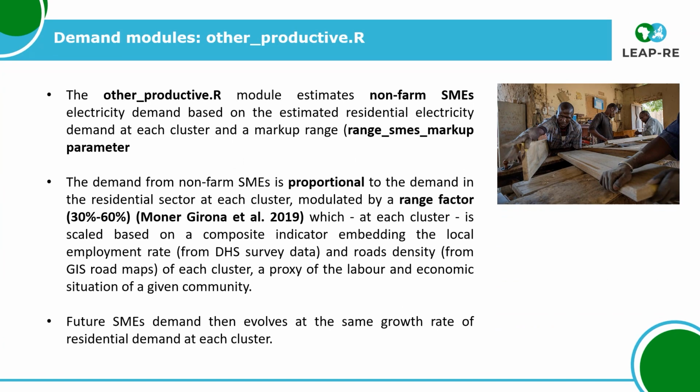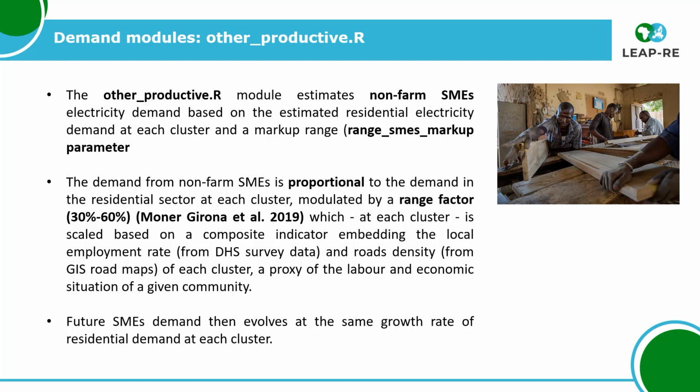The other productive sector module instead focuses on non-farm SMEs, so another type of productive demand which is not related to agriculture, and it's tightly linked to the residential electricity demand through a markup range. So we have this range SMEs markup parameter which defines which percentage of the residential demand could also be contributed to by the other productive sector, so it's additional to the residential demand.